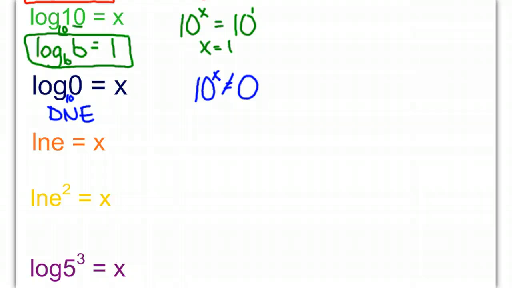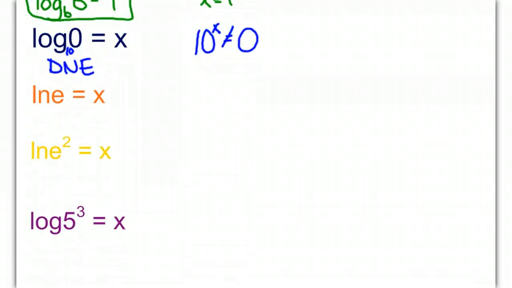If we move down, we get into natural log. This is when we have base e. So it's the log base e of e equals x. The natural log, ln, just means log of base e. So here we have log of the same base as what you're trying to take the log of.